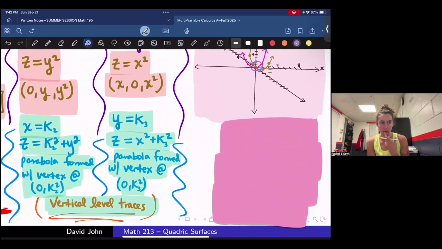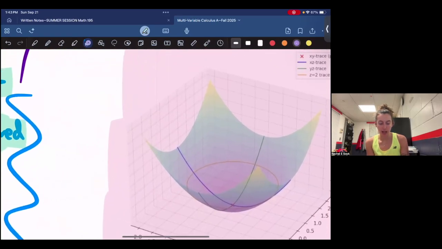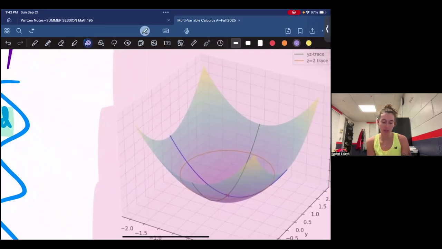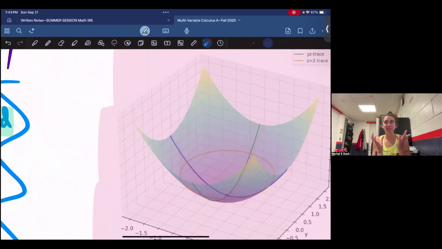I put this into probably ChatGPT. And so when I did that, this is what we got, which is a much better way to visualize it. You really see this horizontal level trace as our circle, and then our vertical level traces with our parabolas forming, like, think about a piece of paper scooped in like a bowl.